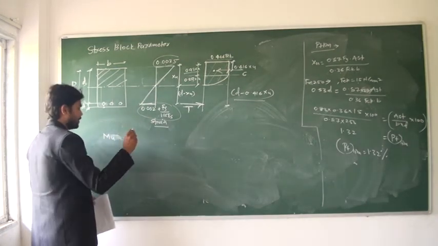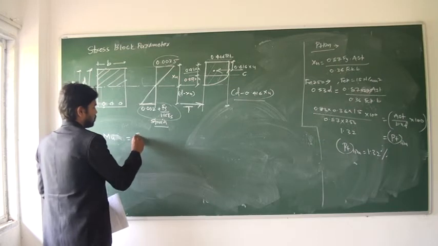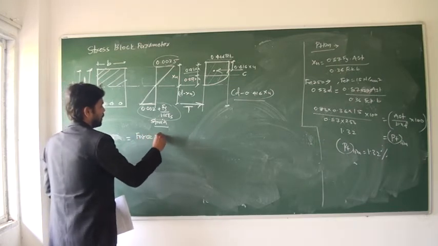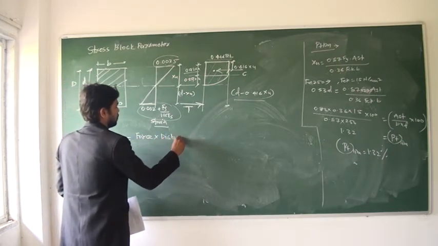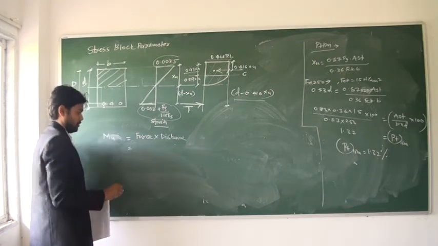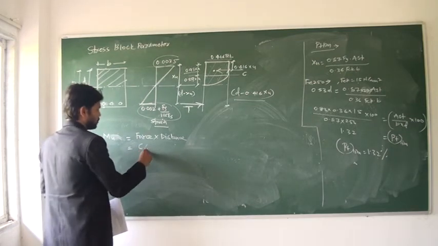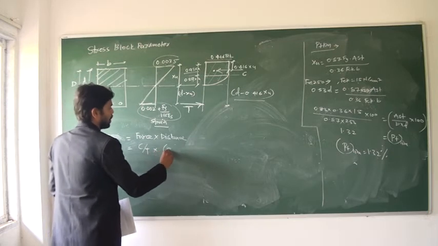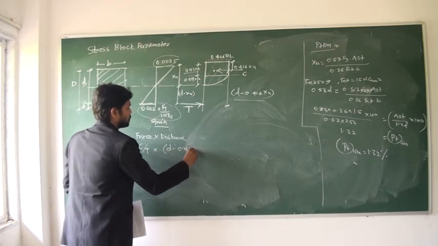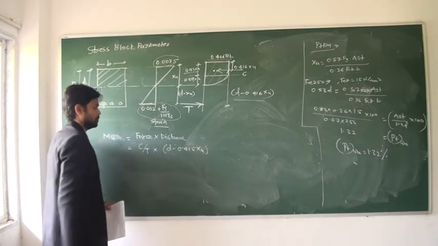So now how will you calculate this Mu? It is force multiplied by distance. Now what is force? Force, either you can take compression or tension, multiplied by lever arm d minus 0.416 x.